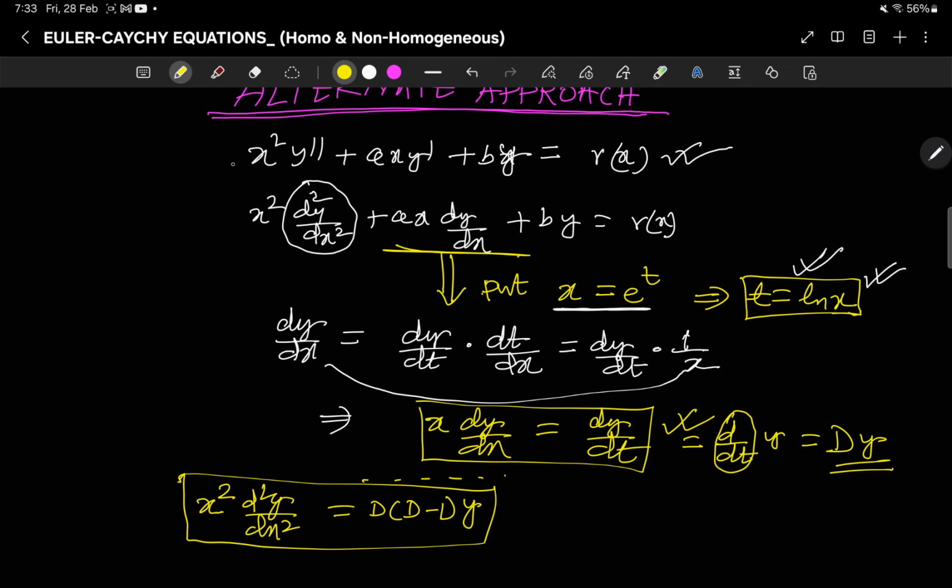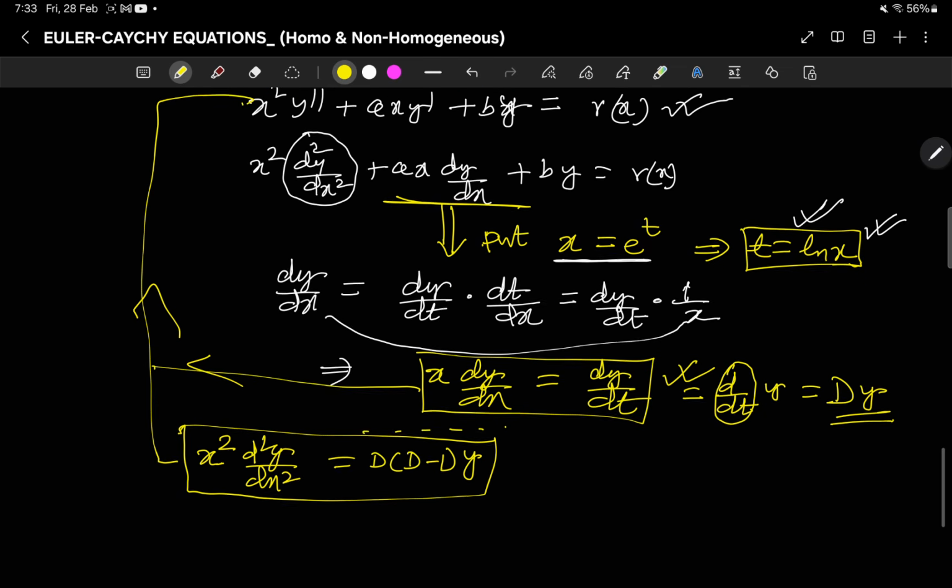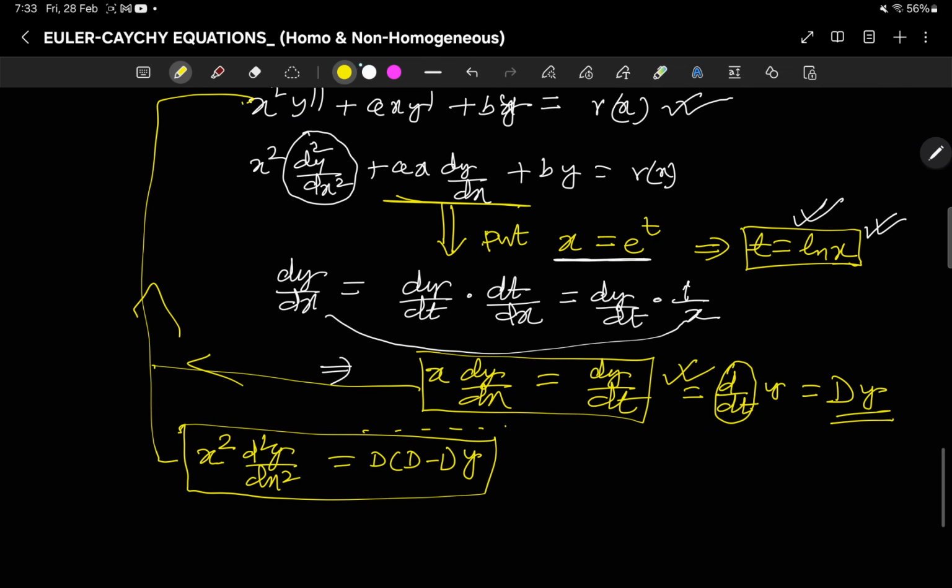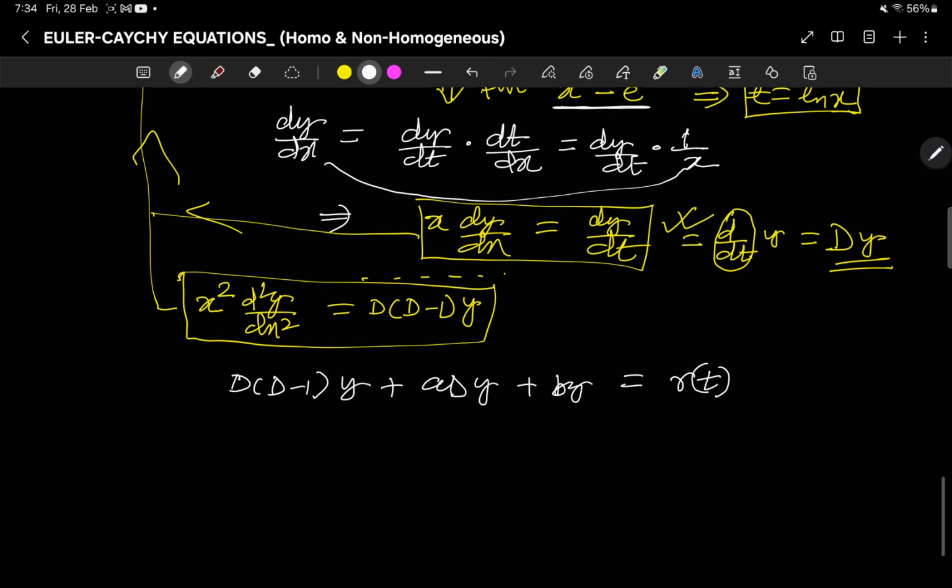Now if you substitute all this here, it will be d into d minus 1 y plus a d y plus b y is equal to r of x, where x is e to the power t, so r is a function of t now.